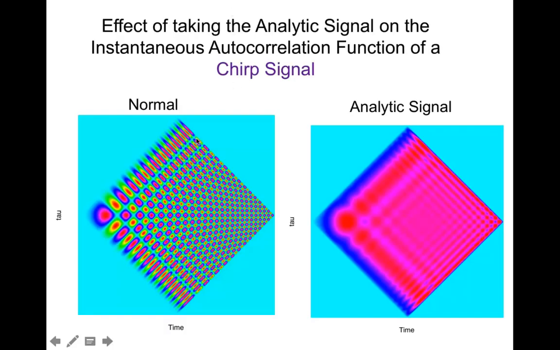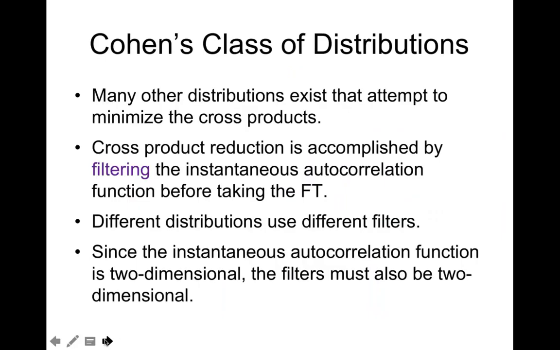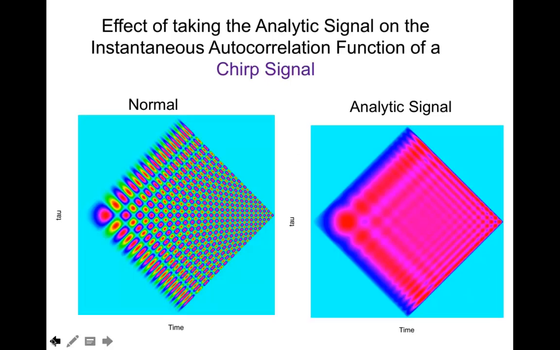So here's what happens when we take an analytic signal and do that to the instantaneous autocorrelation function. Here is what we would see as our normal instantaneous autocorrelation. When we take the analytic signal, it looks like this. That doesn't necessarily mean a whole lot, except notice that now as you go along the diagonals, you no longer have that obvious sinusoidal variation that you have here.